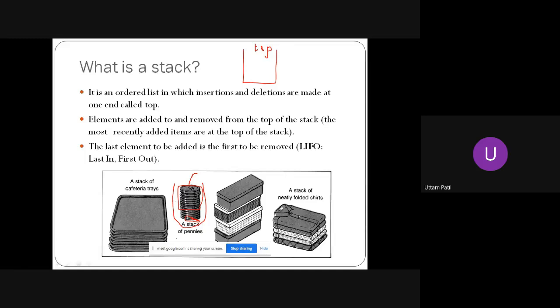Similarly, there are other examples. There are some trays in the cafeteria here. Whatever tray is kept last, only that can be removed first. Something which was placed at the bottom, you cannot remove.